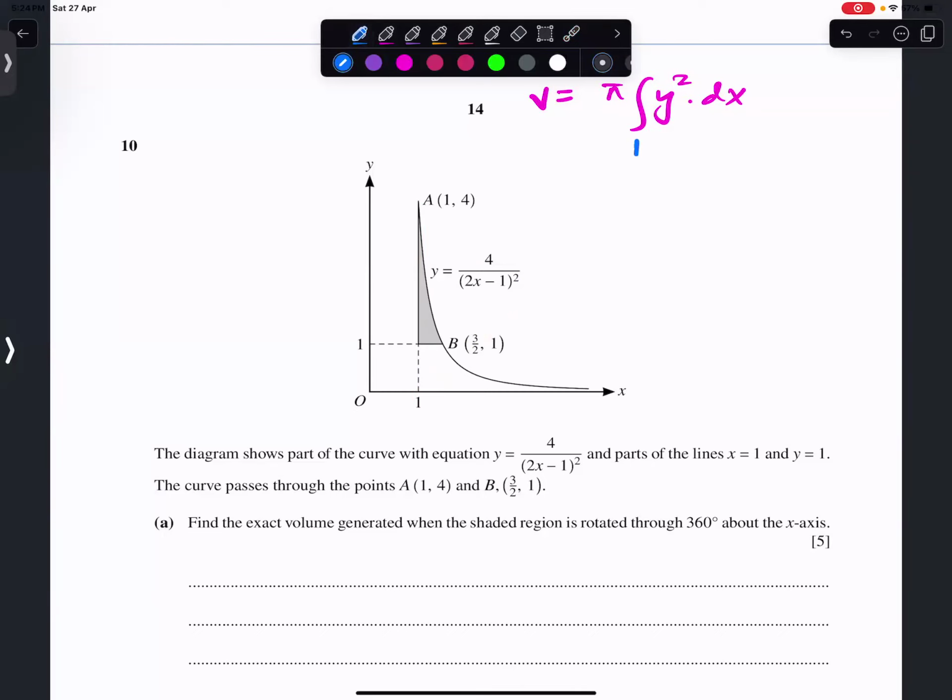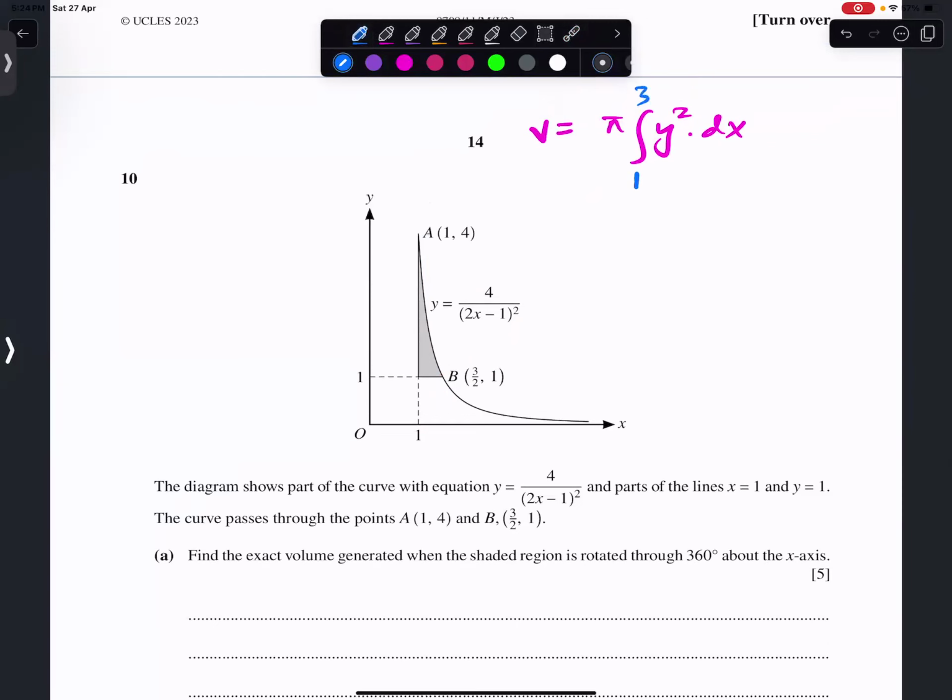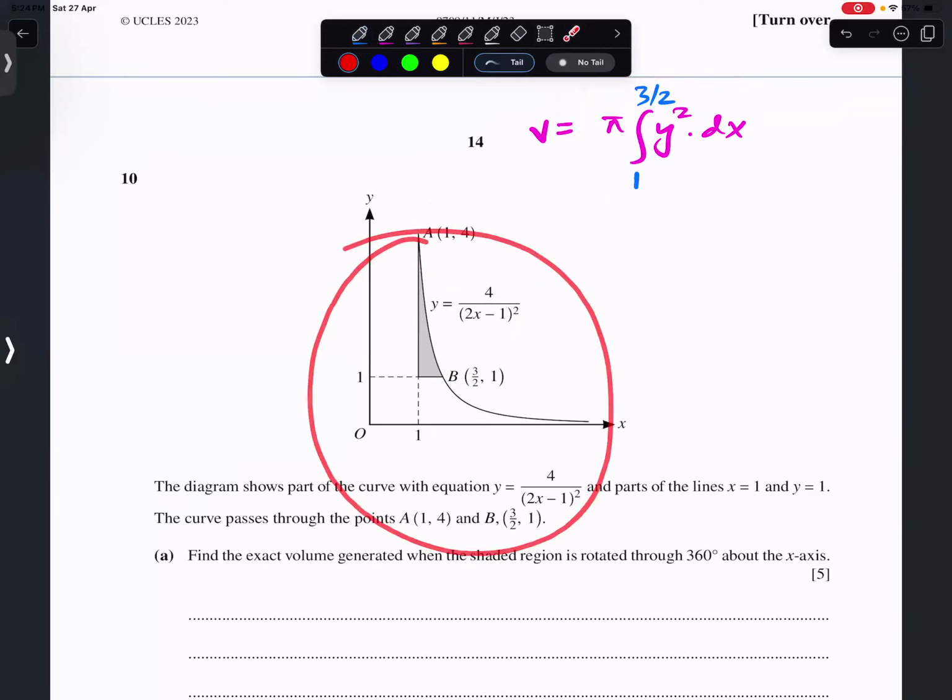And what is the maximum value of x of the shaded area? This is the maximum value, and that is 3 by 2. So this will be my upper limit. Now, if we integrate, what will this integral give me in this diagram?